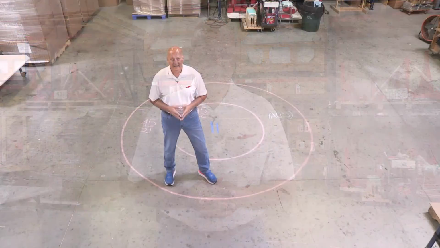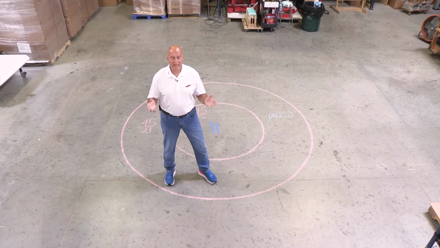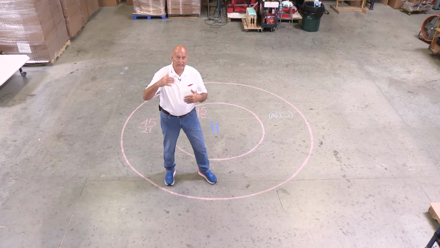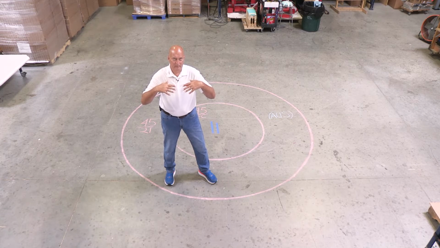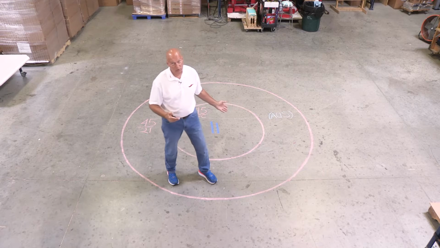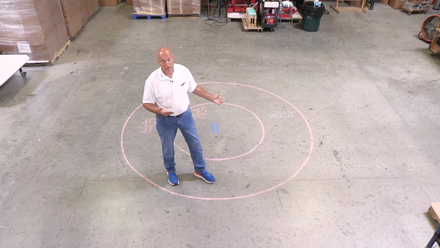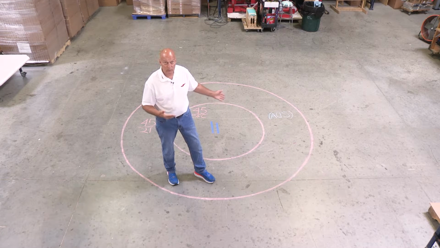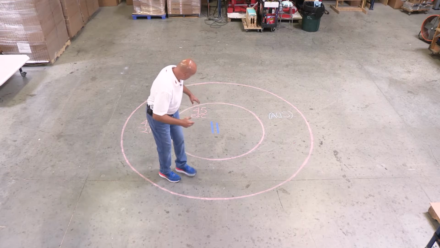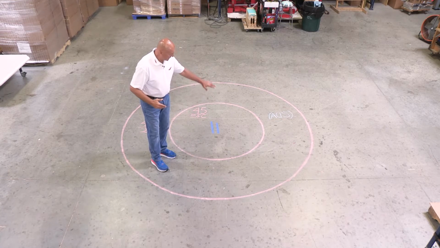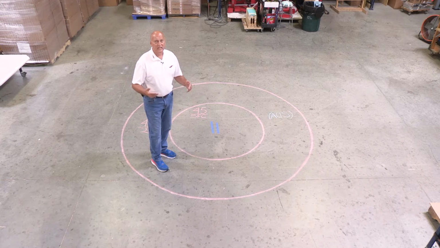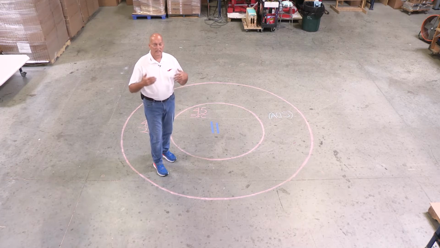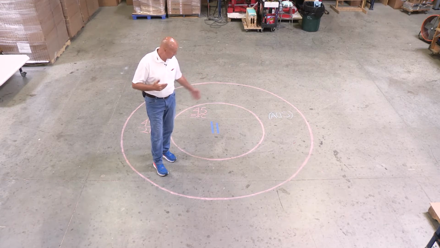So let's take a look at what some Class Charlie airspace may look like when it's drawn on the floor. Here's an example of Class Charlie airspace in plan view. In this case, I chose Austin Bergstrom International, KAUS. In the center cylinder, you're looking at a radius of 5 miles, a diameter of 10 miles.